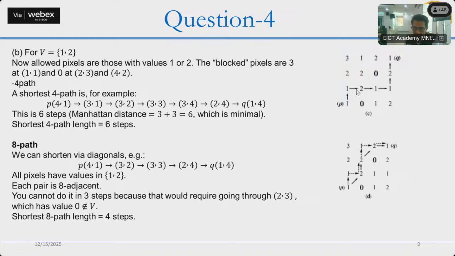But somebody can say, no, I don't want to go through this 2, I want to go through this 2. Yes, you can go. Again, you can calculate the path. One path, second path, third, fourth, fifth, and again it is coming to 6. That's why you can go either way.